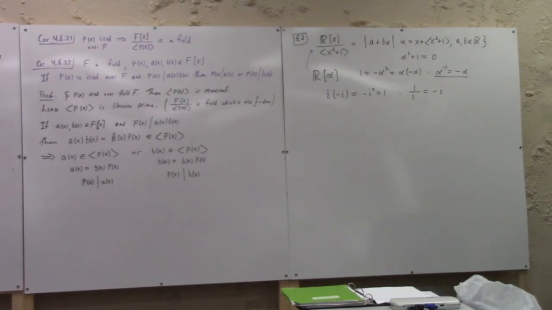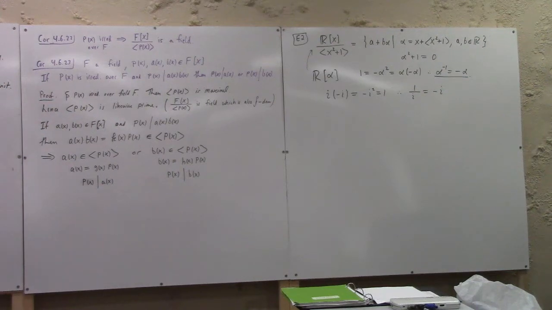Number two: a is irreducible if a is not a unit, and whenever a is equal to cd, then c or d is a unit.